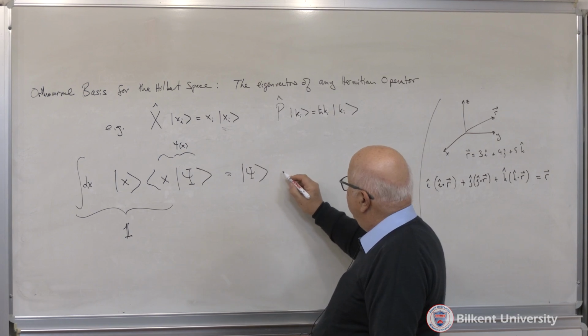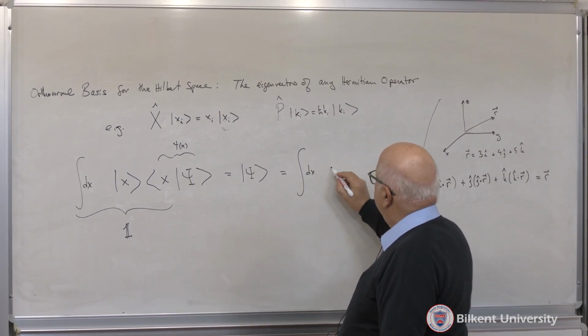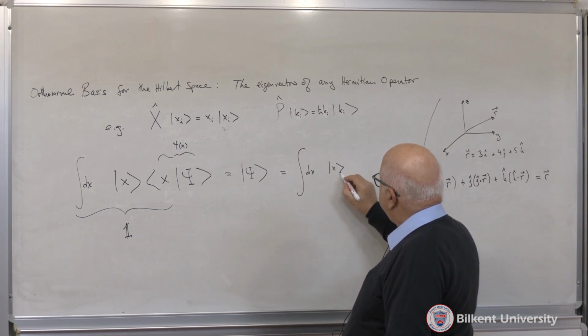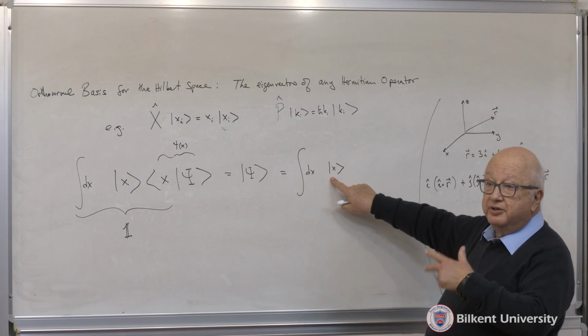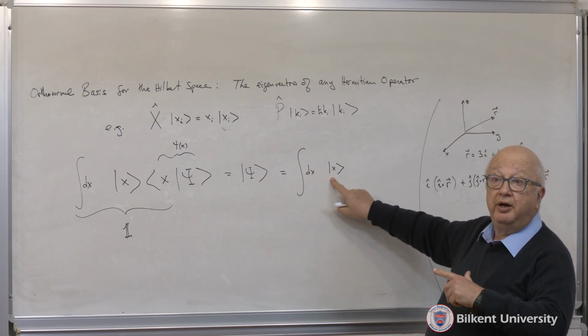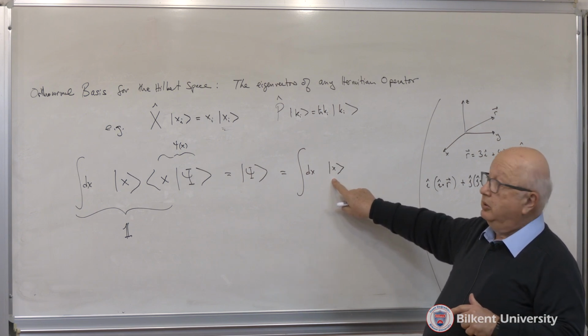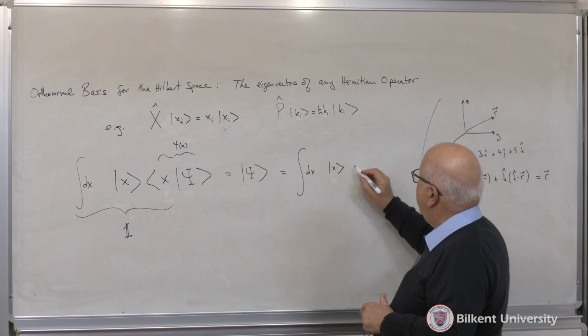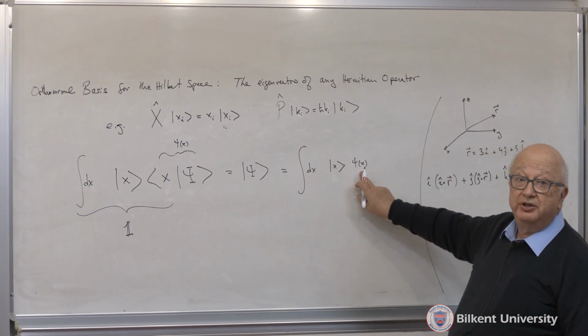So you see what we get here. We get a representation in which I am adding these unit vectors, if you like, in the x basis, of this psi of x. So these are like the expansion coefficients.